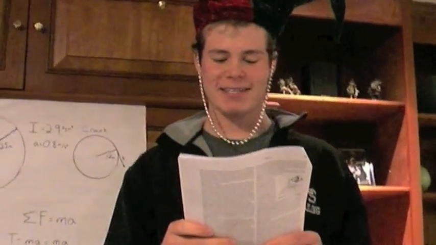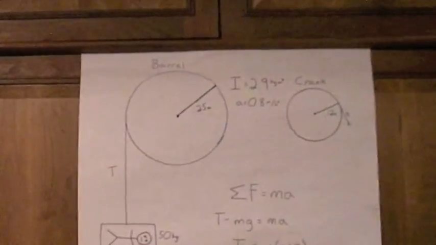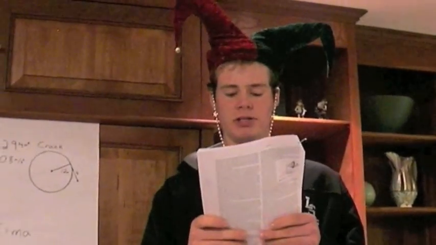Problem 1061. The mechanism shown here is used to raise a crate of supplies from a ship's hold. The crate has a total mass of 50 kilograms. A rope is wrapped around the wooden cylinder that turns on a metal axle. The cylinder has a radius of 0.25 meters and a moment of inertia of 2.9 kilograms meters squared about the axle.